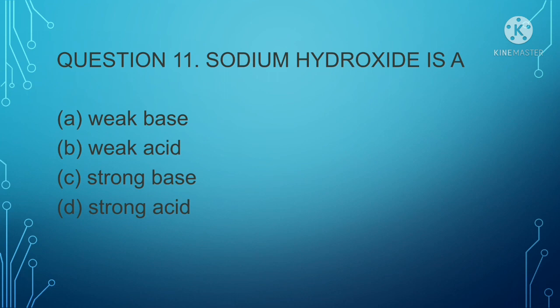Remember, when sodium hydroxide, NaOH, is dissolved in water, it produces a large number of OH minus ions. Therefore, it is not a weak base, it is a strong base. Your correct answer is option C, strong base. Sodium hydroxide is a strong base.